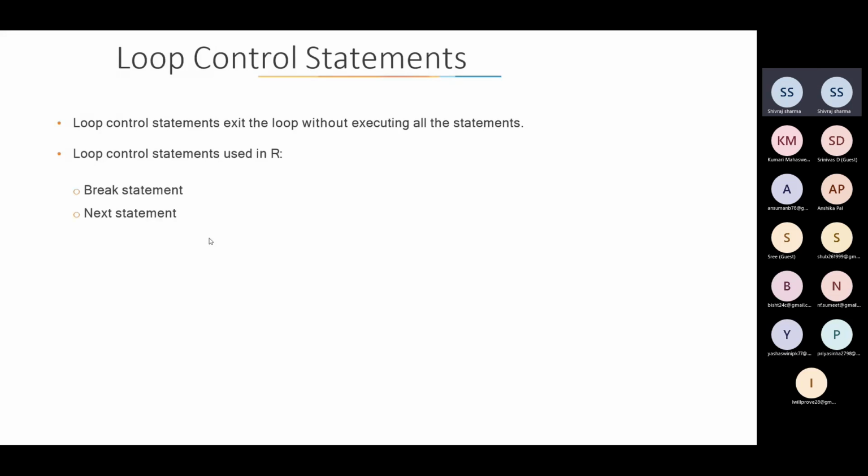If we do not control the loop, then the loop will run up to infinity. That's why there must be some control statements that control the loop and tell the loop where to exit. So here two options are available to us. One is break and the other is the next statement. Let's see what these two things do.